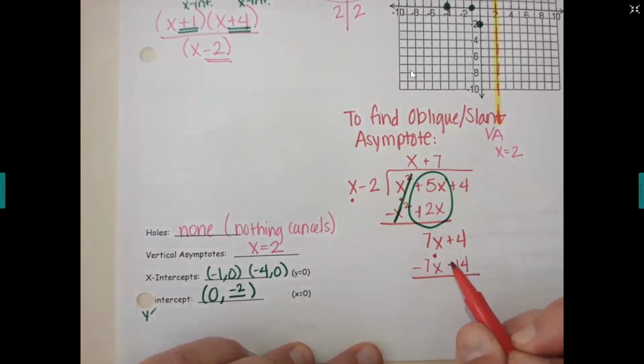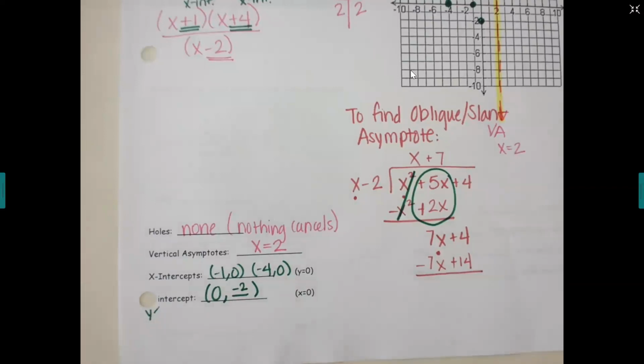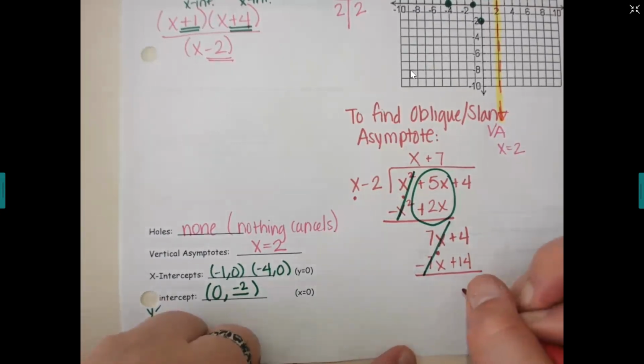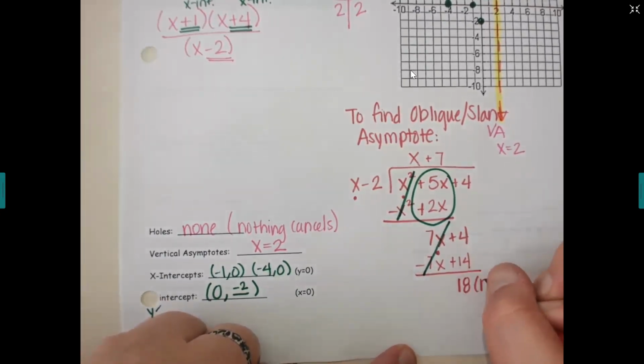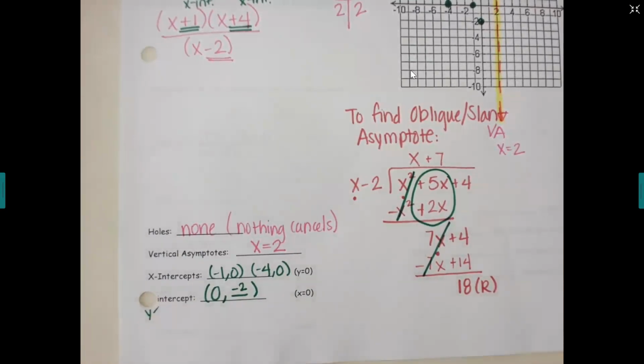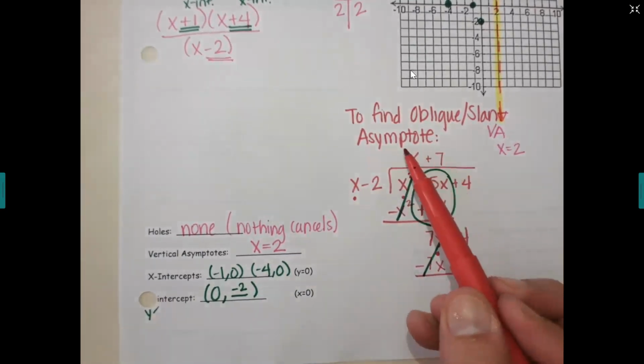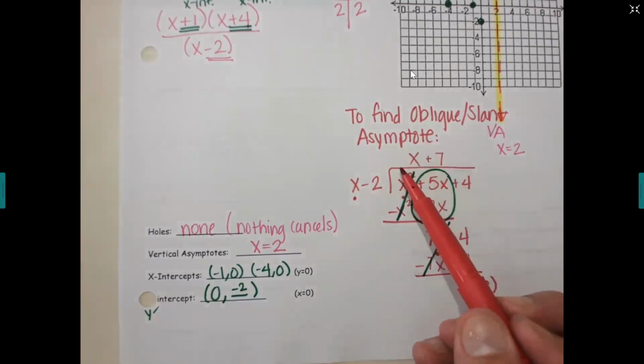So now it's a minus plus. What happens with your 7s in the front? Okay, and then 4 plus 14 means my remainder is 18. Okay, the slant asymptote is what you got on the top. So it's x plus 7.